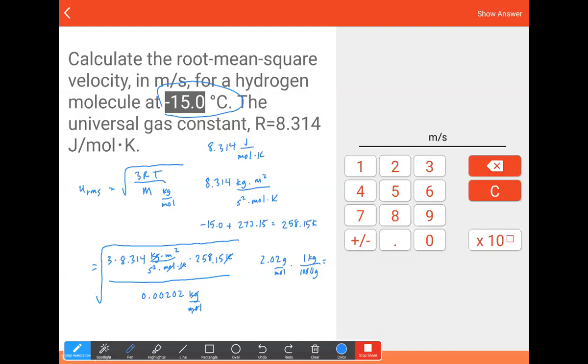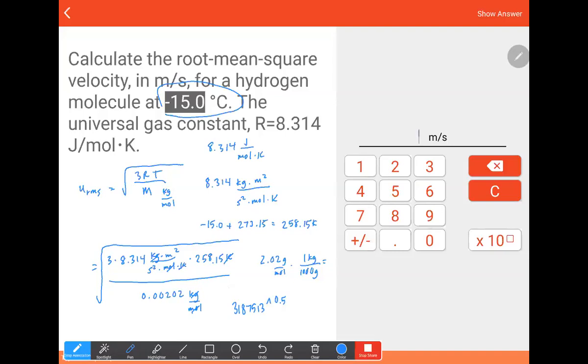So we get 3 times 8.314 times 258.15 divided by 0.00202, and we get this large number, 318.7513. One of the easiest ways in the calculator is to use the caret button and say 0.5 if you have a graphing calculator.